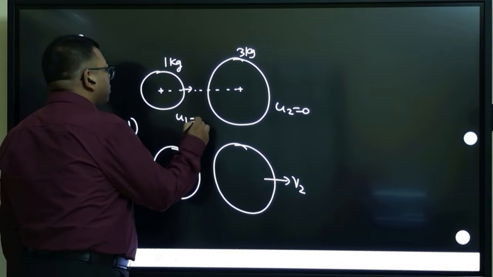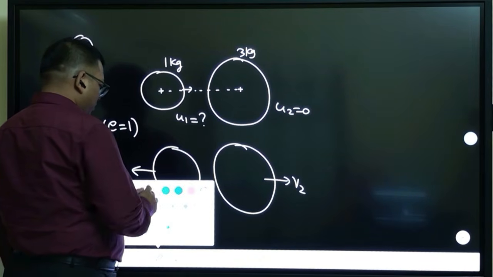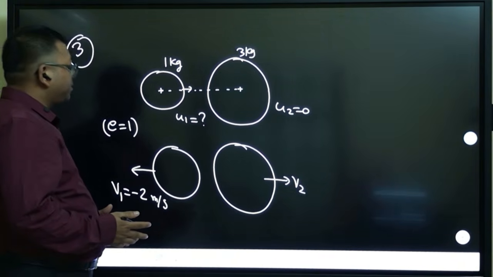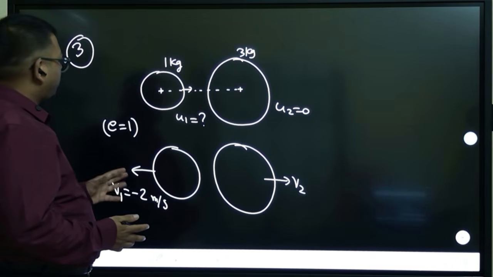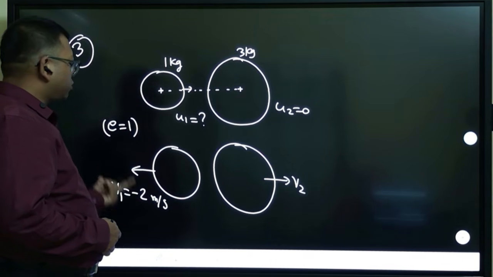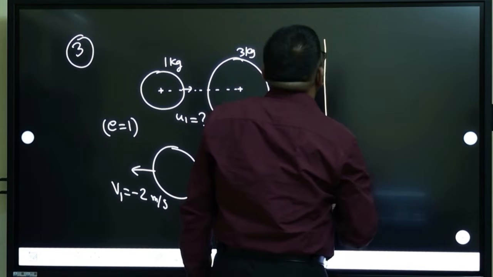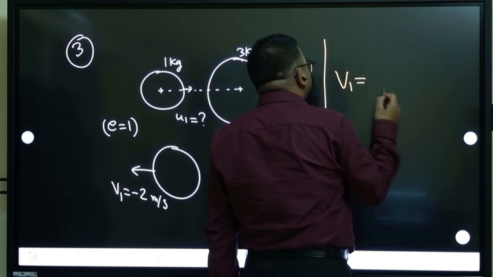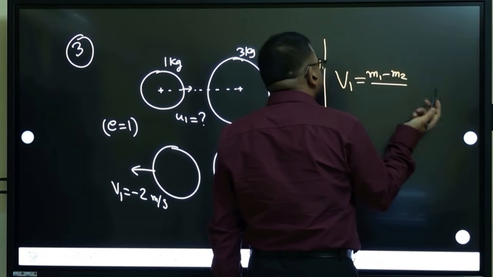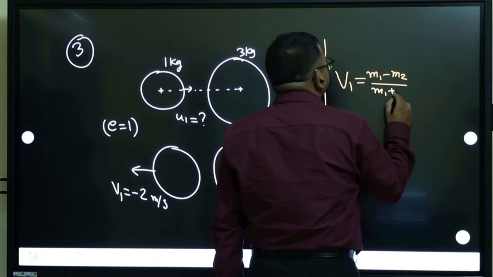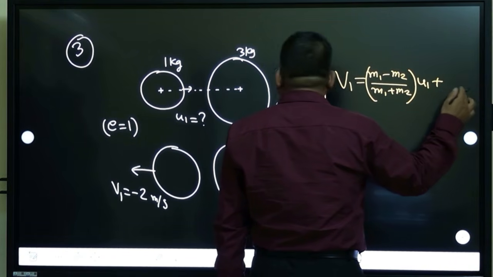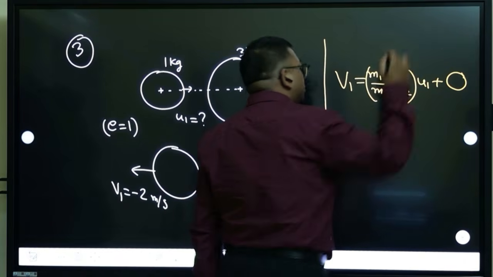Then what else is there? That means we have to calculate this one, right? That's a very simple question. Nothing is big in this. Based on this information, we have to calculate U1, and V1 is given. So use the formula for V1. What is the doubt in this V1 formula? V1 equals M1 minus M2 over M1 plus M2 times U1 plus something times U2, but that second term is 0 because U2 is 0.